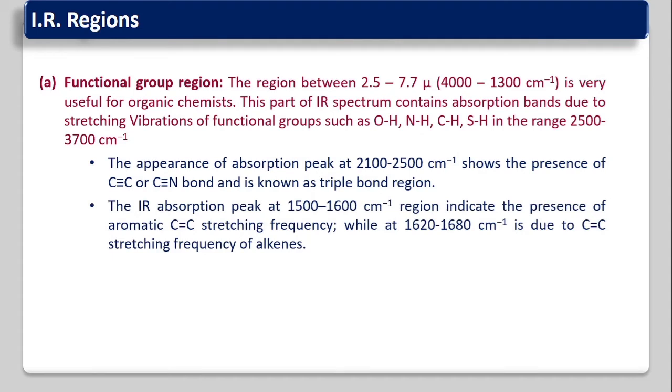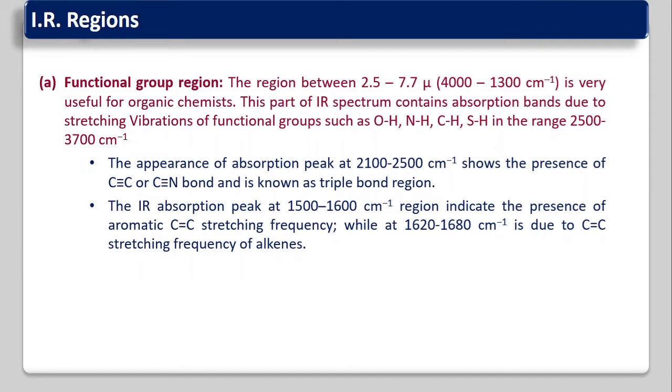If the IR absorption peaks are at around 1500 to 1600 centimeter inverse, there are small peaks. This region indicates the presence of aromatic carbon-carbon double bond stretching frequencies.